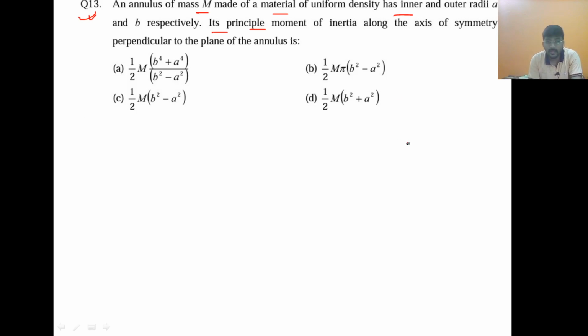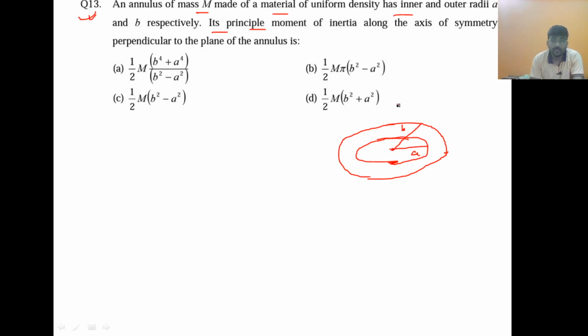Okay, so let me take this is the annulus like this, whose inner radius is a and outer radius is b. Now let me find what is the moment of inertia about this axis perpendicular to the plane of it.